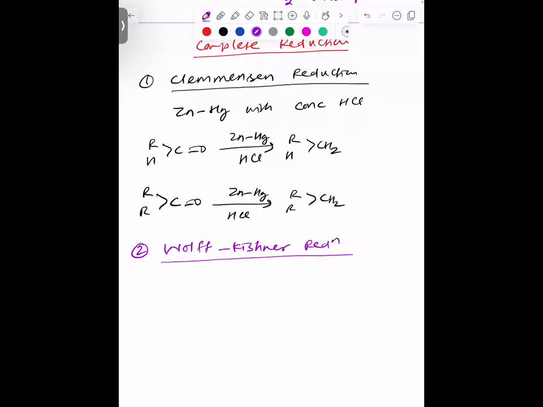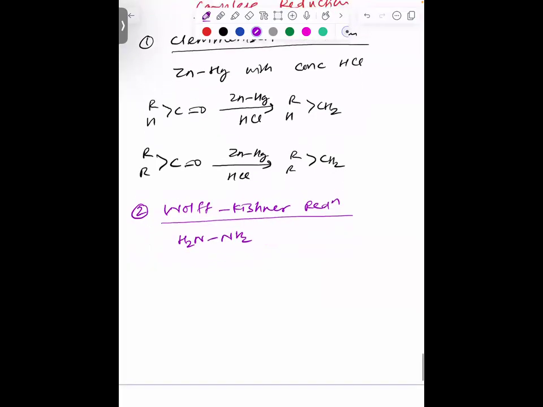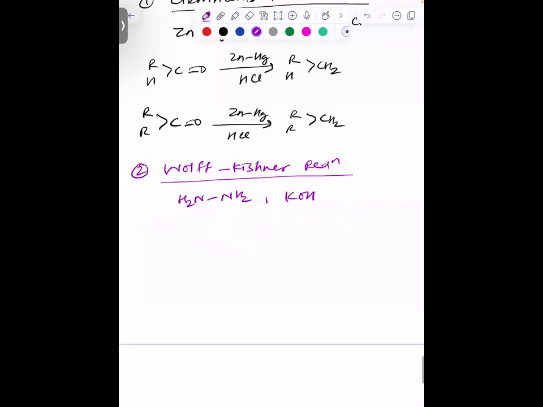Next is Wolff-Kishner reduction. Which are the reagents taken for Wolff-Kishner reduction? The reagent is hydrazine in the presence of a base, alkali, that is KOH or NaOH. We know KOH is stronger as compared to NaOH, so we take a strong base.